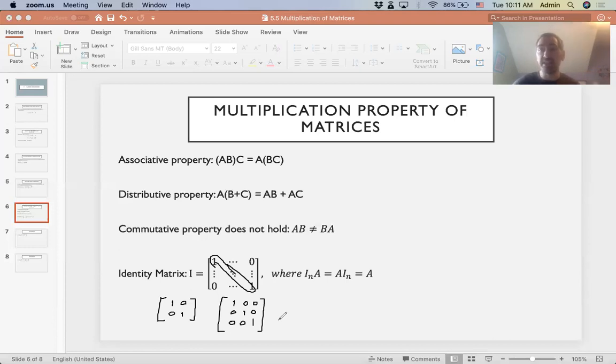The multiplicative identity of real numbers is just 1. 1 times anything is itself. 4 times 1 is still 4. That's the same concept that we have here in the identity matrix. If you multiply the matrix A times the identity, you're still going to have the matrix A. And that's in any order of your multiplication, whether you multiply I times A or A times I, that's still going to result in the original matrix A.